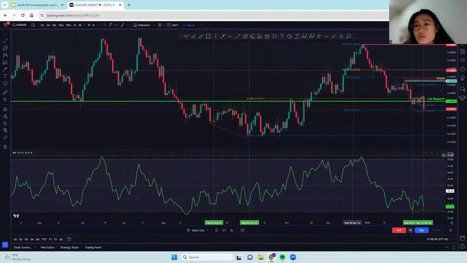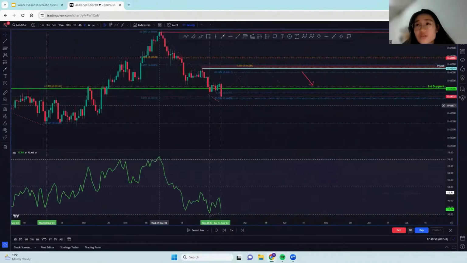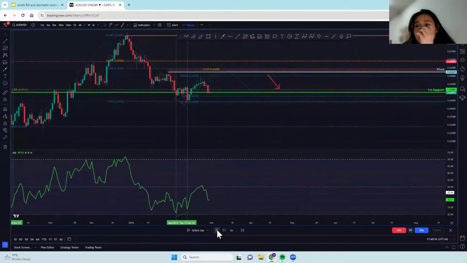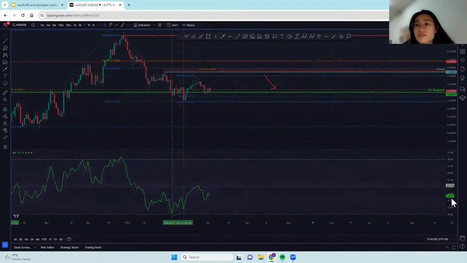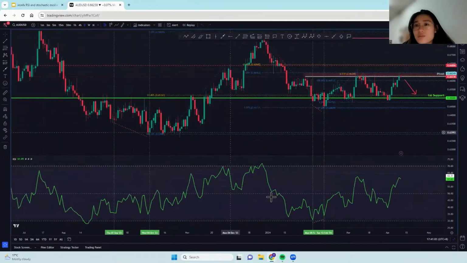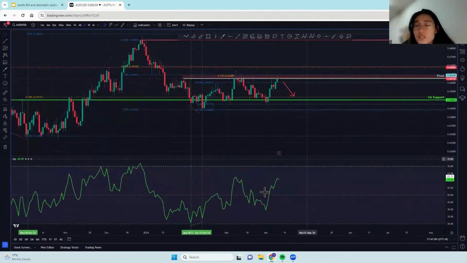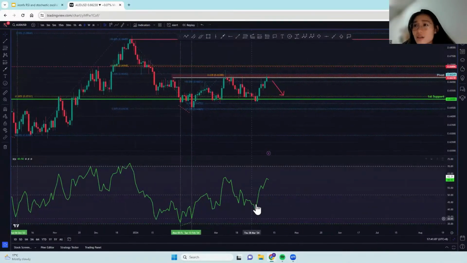After this divergence, price proceeded to shoot upwards. So that's on the RSI.